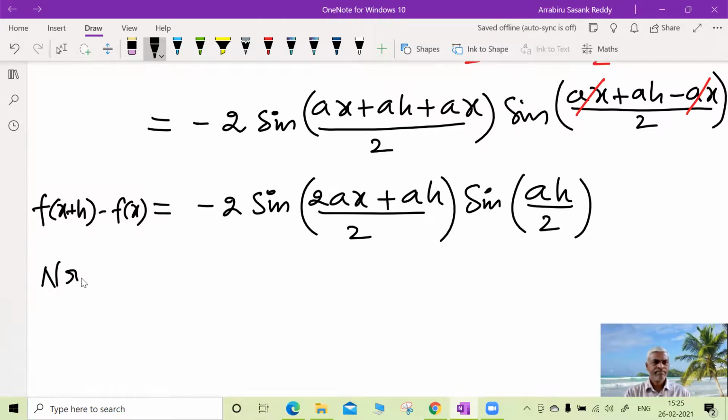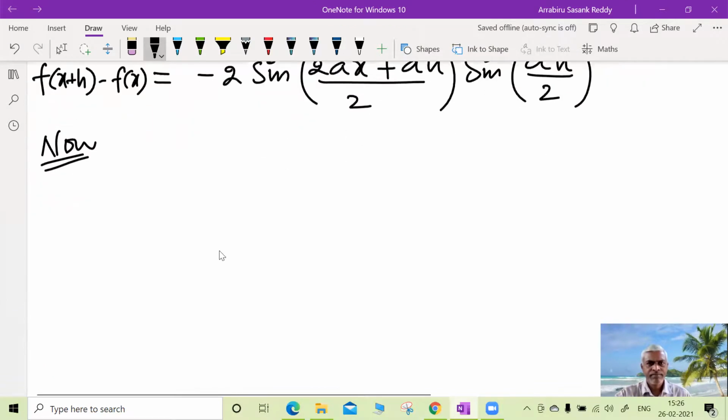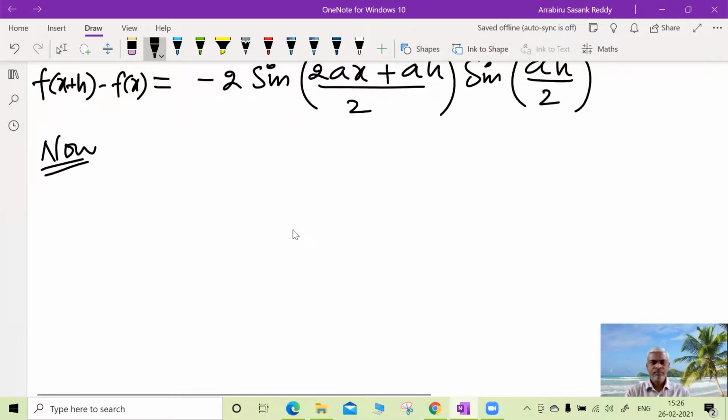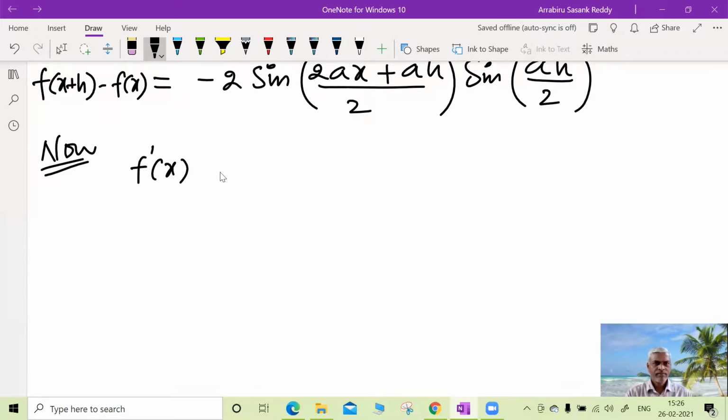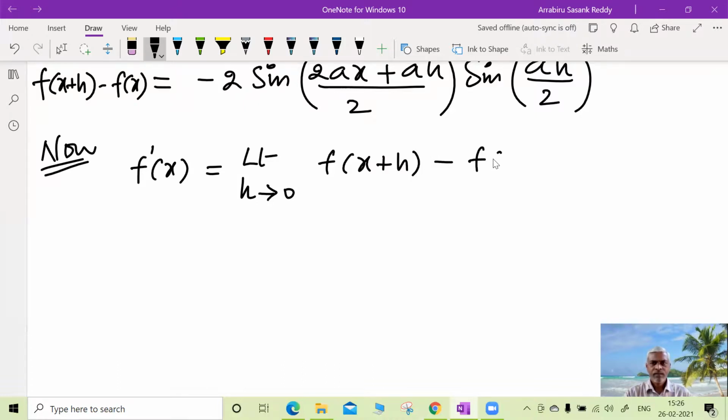Now, the derivative by first principle. F dash x is equal to limit h tends to 0, f of x plus h minus f of x by h.